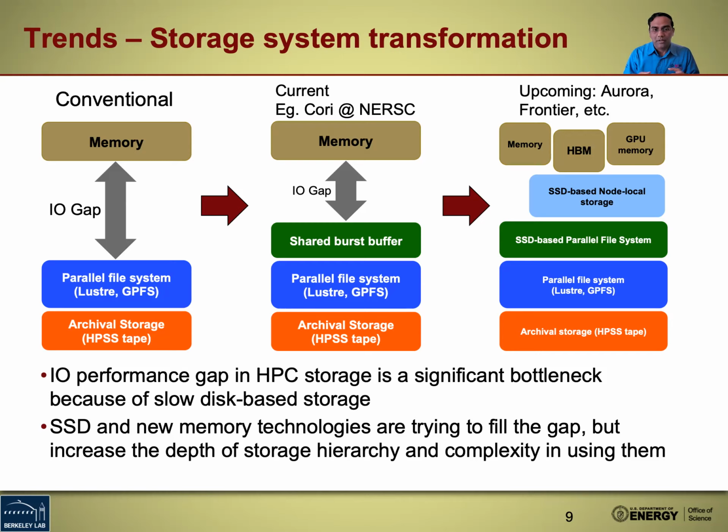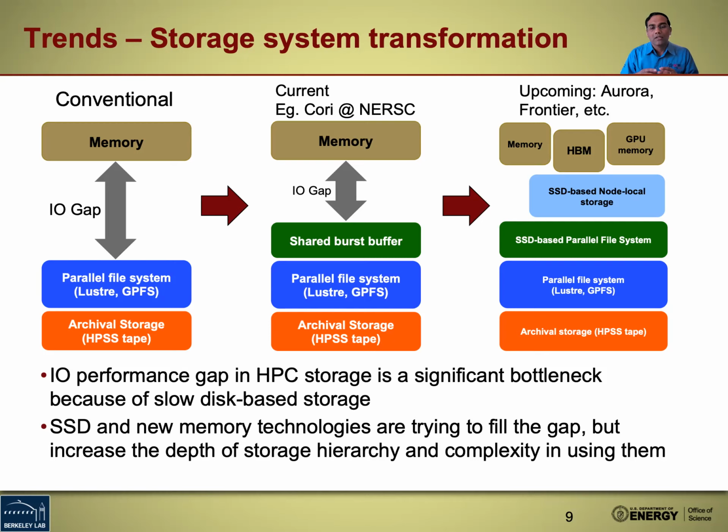For example, on the Cori system at NERSC, at Lawrence Berkeley National Lab, they added a file system with a global shared namespace that can take the data from memory to an SSD-based burst buffer, which is faster than the parallel file system that is based on hard disks.